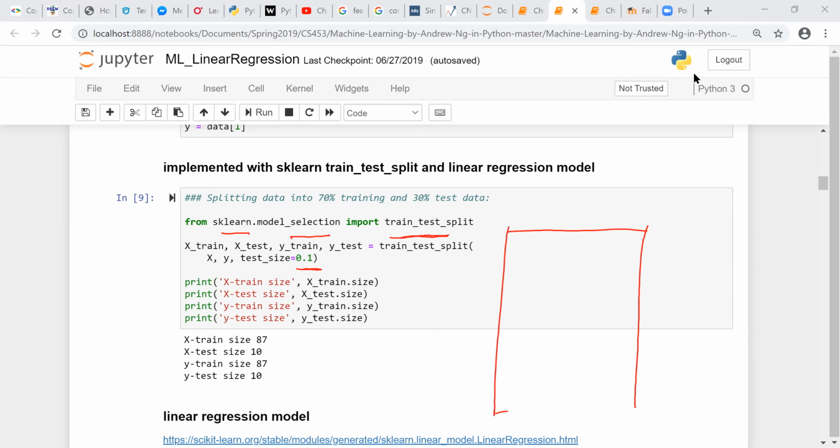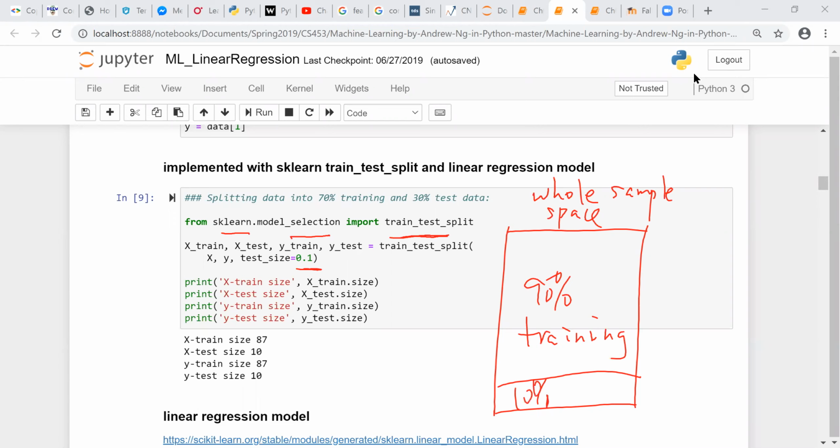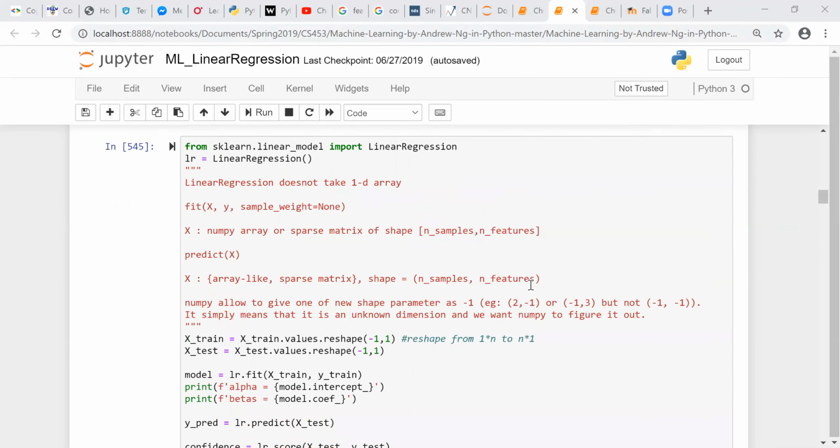If you view it, this is the whole sample space, and then you have 90% for training and 10% for testing. That's why we set test size. You do train and test split. And then you can see the train size and test size also shown. Okay, this part is simple.